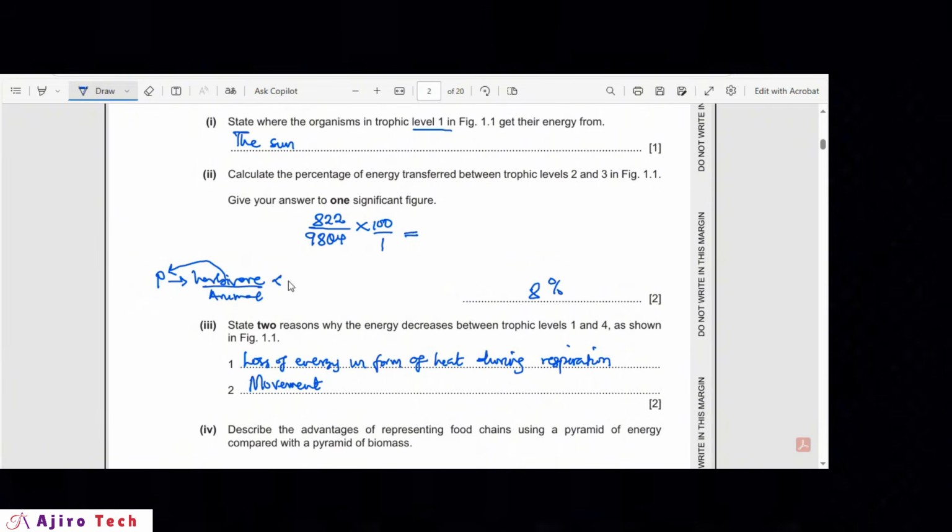So the carnivore that is feeding on the herbivore will not be getting the whole energy in the herbivore because some energy would have been lost during the respiration of the herbivore. The plant also carries out respiration, so some energy would have been lost from the plant. So the herbivore too is not getting the whole energy in the plant.